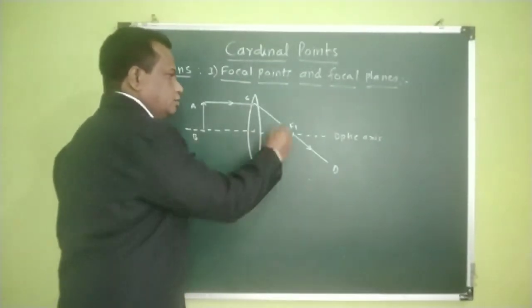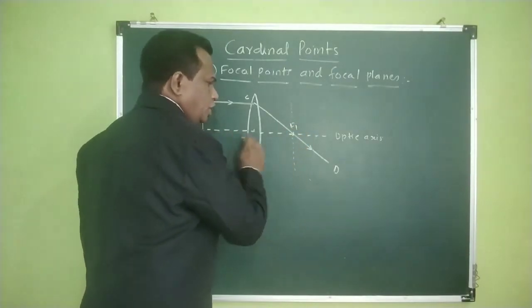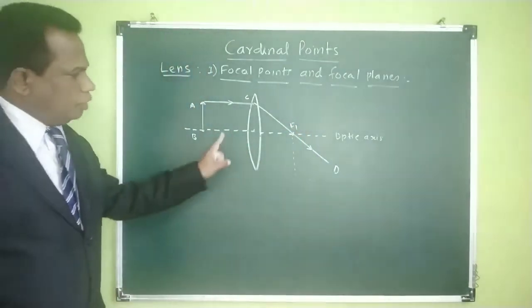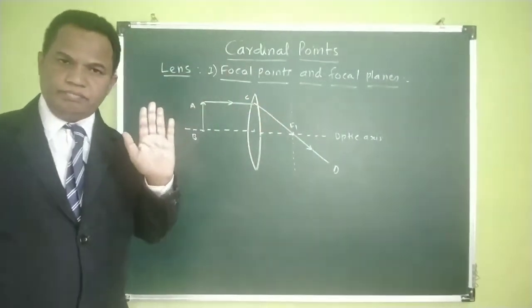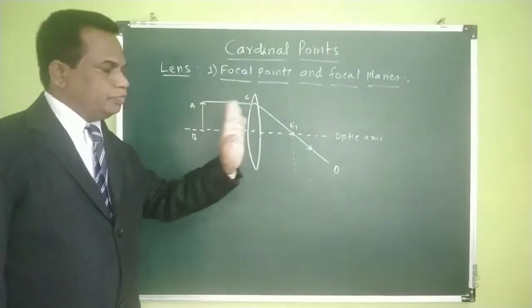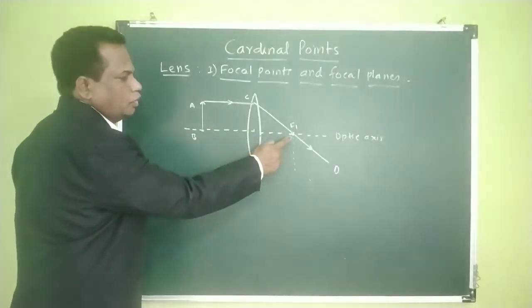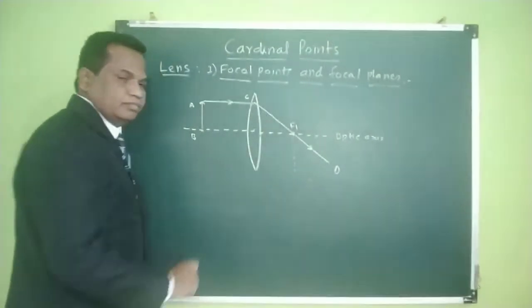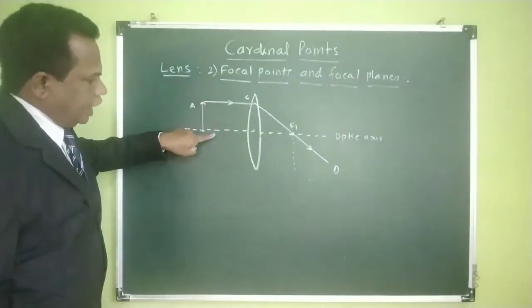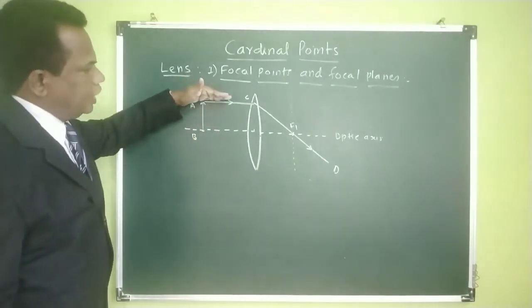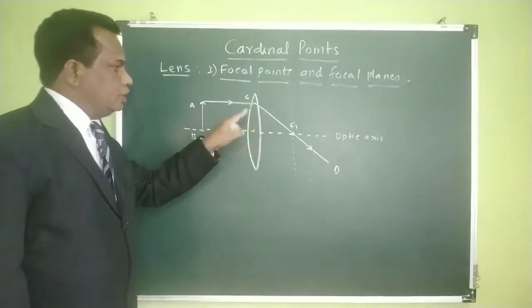The plane perpendicular to the optic axis at this point is called the focal plane. So you are drawing one point and one plane. To draw the focal point and focal plane, you need one ray parallel to the optic axis. This parallel ray is incident on the double convex lens.